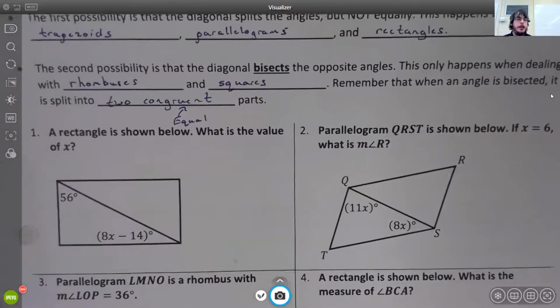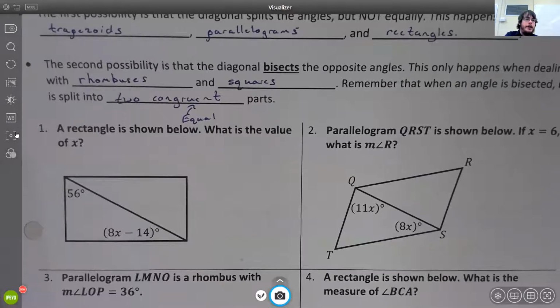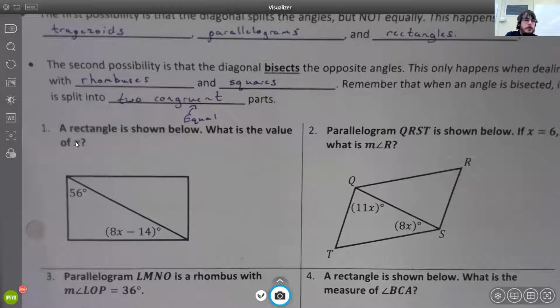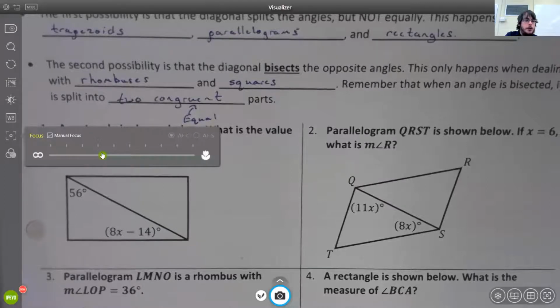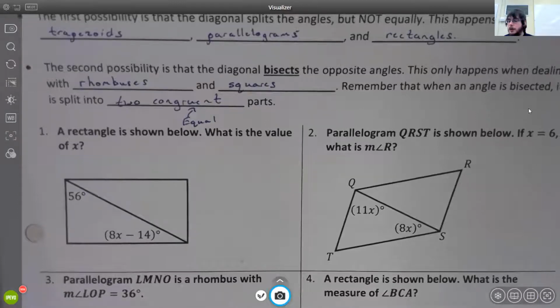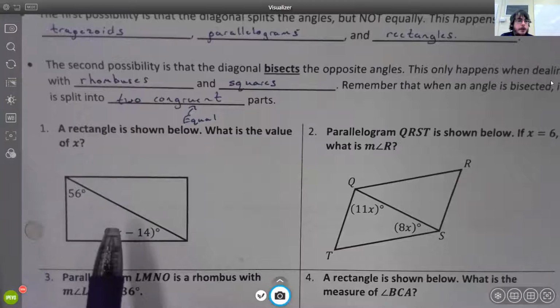So in number one, it says a rectangle is shown below. What is the value of x? And you'll see here, let me adjust the focus, I apologize. There we go. You'll see here that you want to find x in this rectangle. Well, we see that we have angles here.